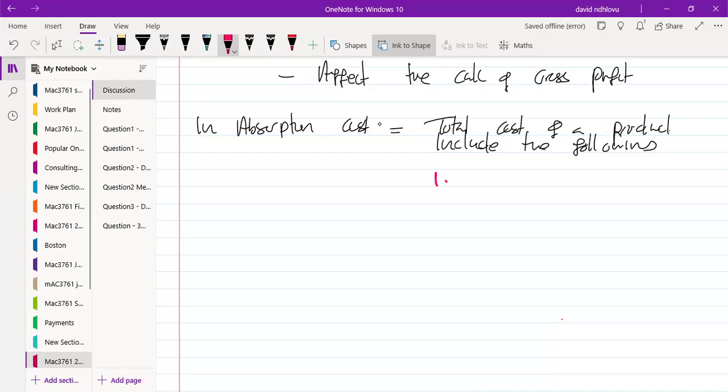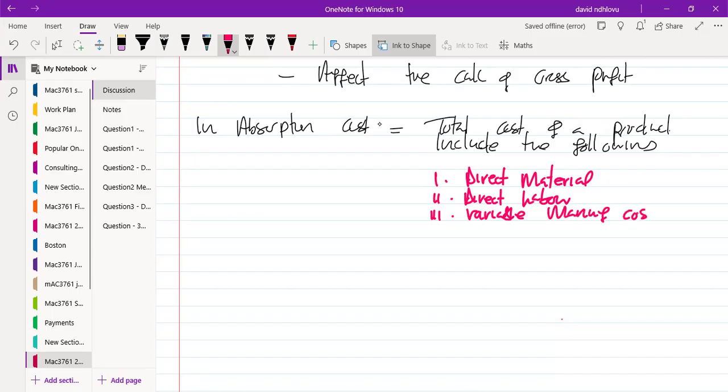Number one, direct material. So we need to calculate the direct material expenditure. We then add the direct labor expense incurred on a particular product. We then add any variable manufacturing costs. And we also include the fixed manufacturing costs.